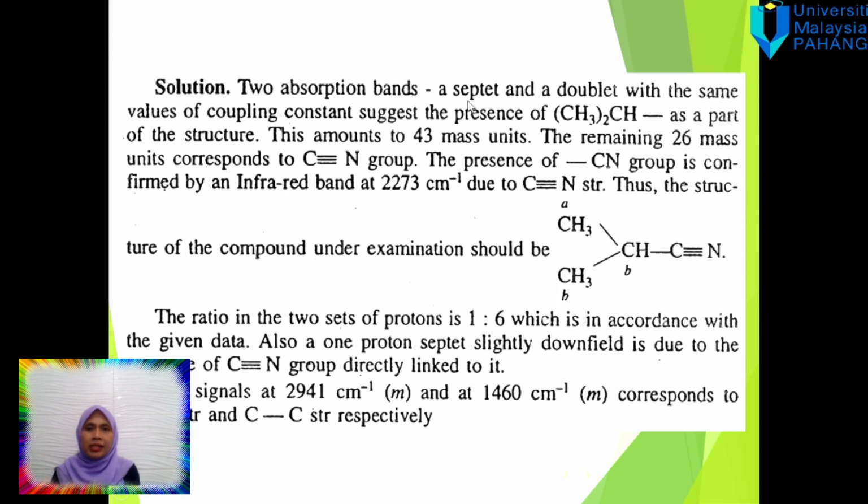And a doublet means there is 1 neighboring proton, so 1 plus 1 becomes 2. That's why it's a doublet. Only an expert can imagine the answer like this. If you cannot, don't answer in text form. Better go for the table form.